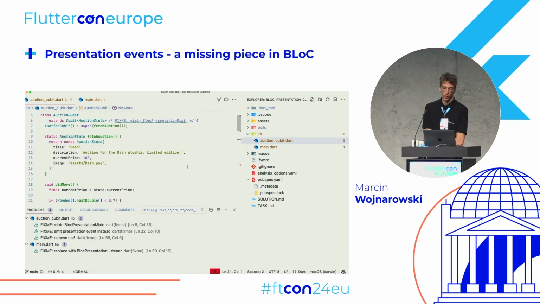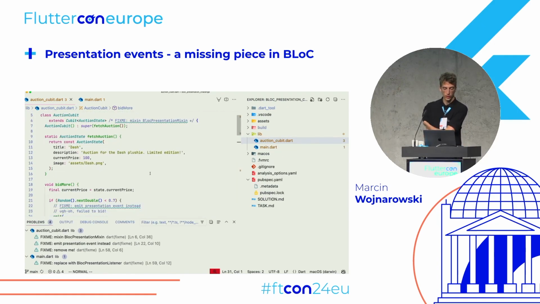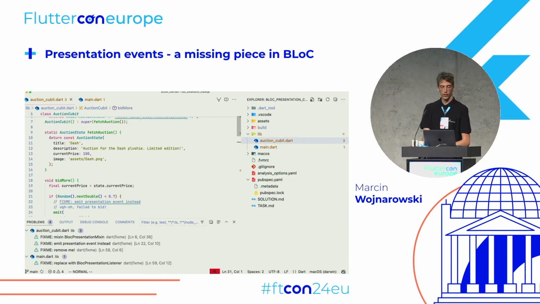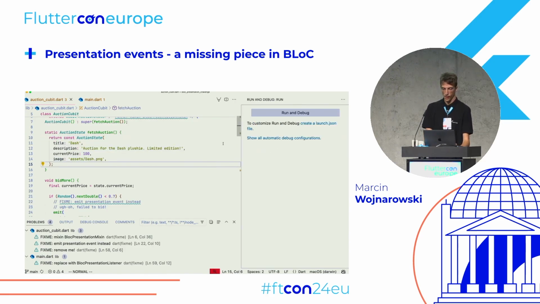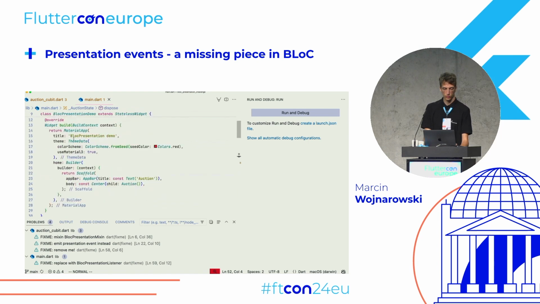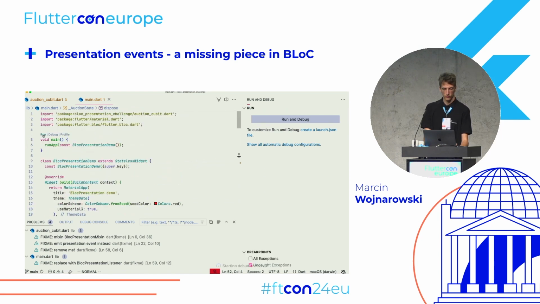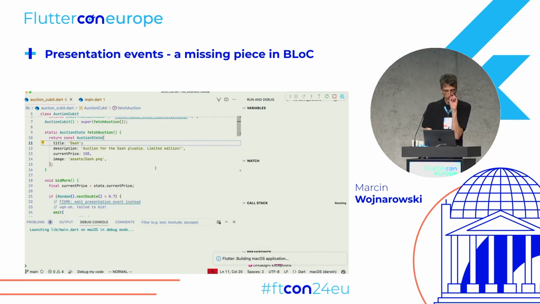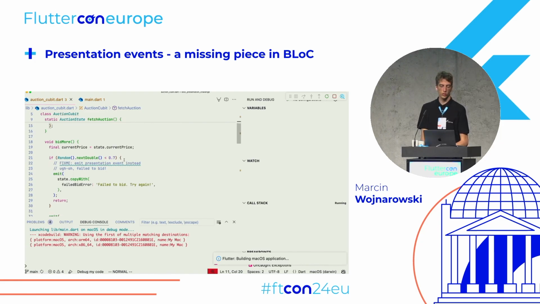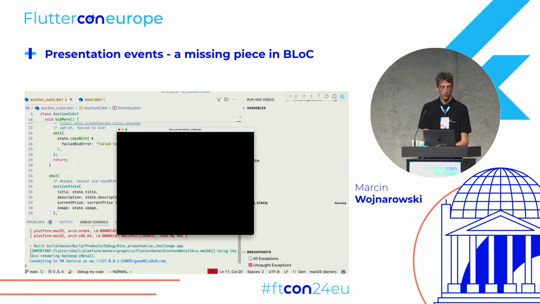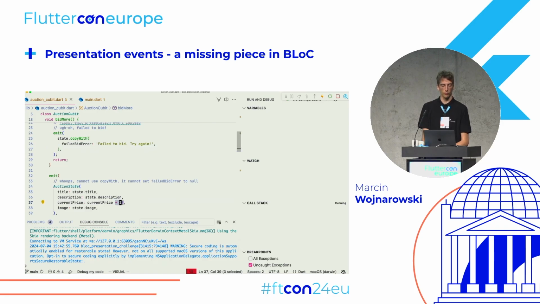So quickly, just to analyze what's happening here, we have a cubit, and all it does is emit some hard-coded state for our auction. Maybe let's run the app in the meantime. And whenever we want to bid, here we just assume that we bid more, which is fixed by 10. So whenever we bid, we just increase the price by 10.